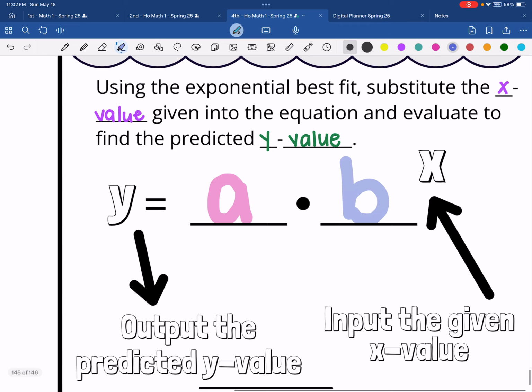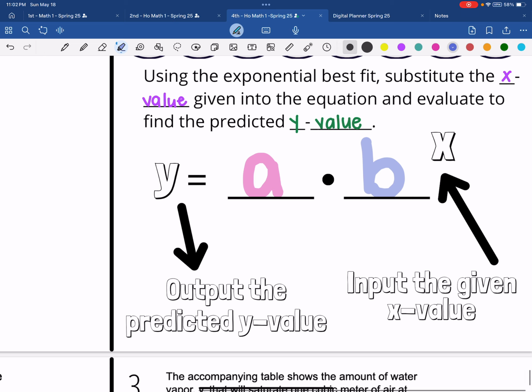And then, of course, we're going to substitute in the x value. That x value is whatever number they're asking us to make a prediction for, and whatever that prediction comes out to be, that's going to be the y value that we get as the output.